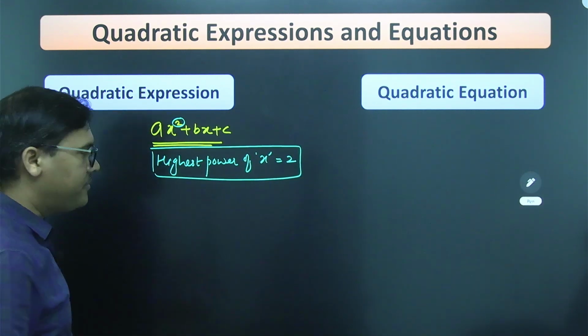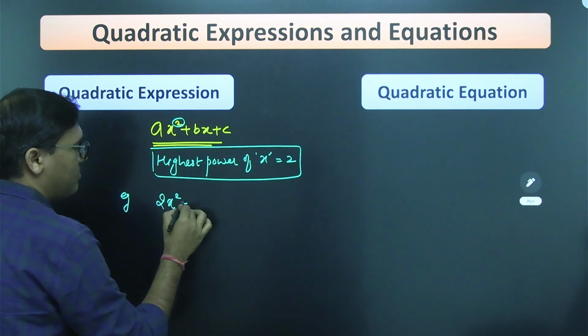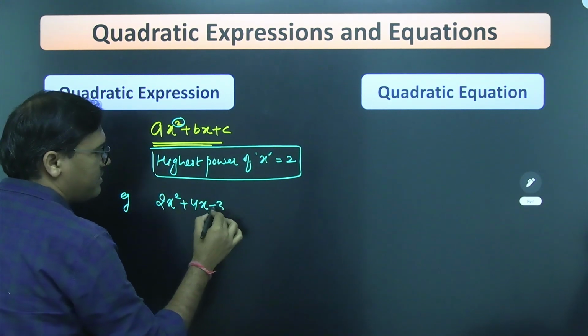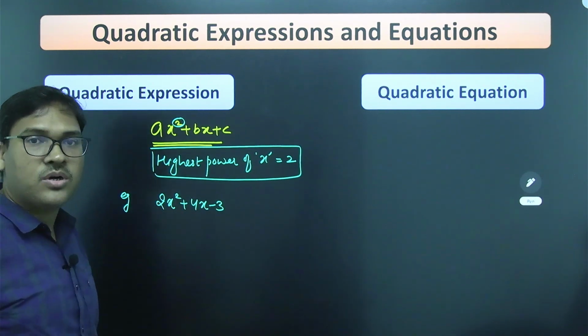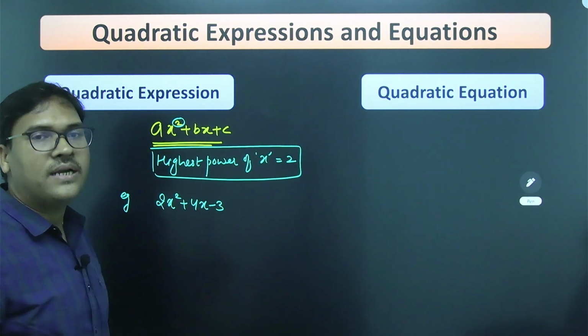For example, let's say you have 2x square plus 4x minus 3. This is a quadratic expression because the highest power of the variable x is 2.